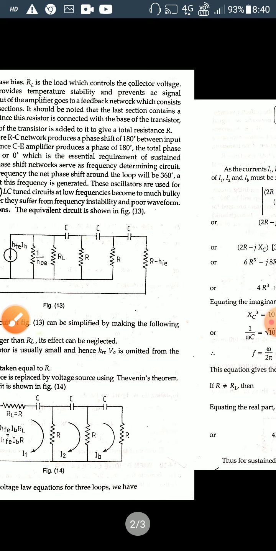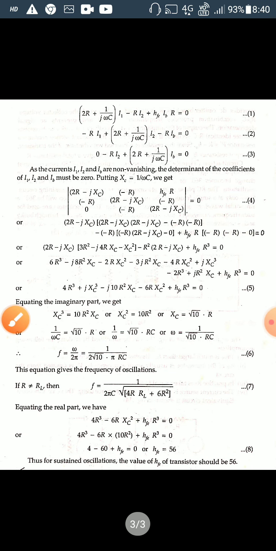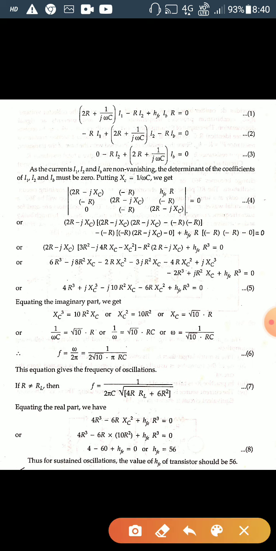So ultimately, if we write down these three equations for the three loops, they will be as such, and we just rewrite the expression with I1 as the first term. The coefficient of I1 in equation 1 is 2R plus 1 by j omega c.